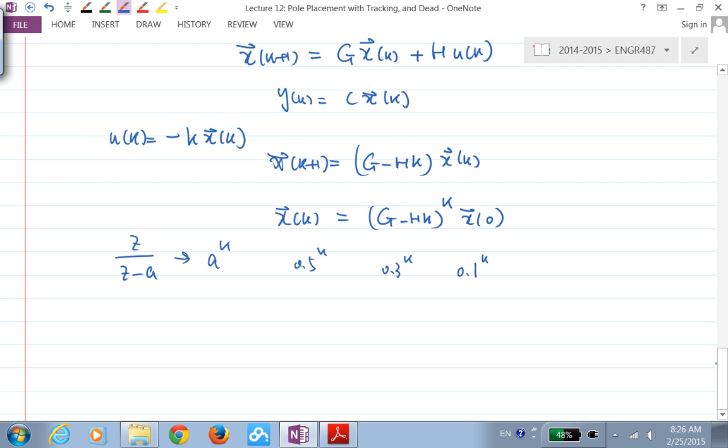That's the idea of the deadbeat response: placing poles at the origin to get the so-called deadbeat response.